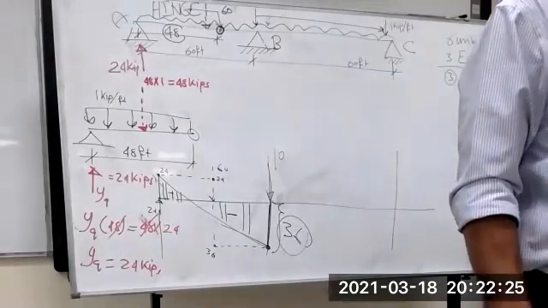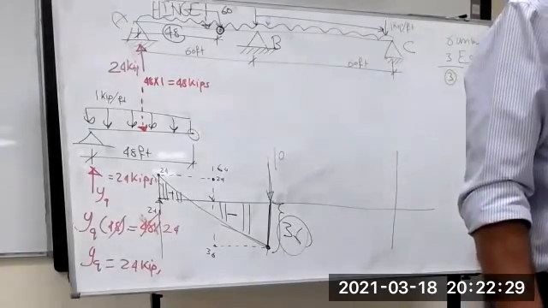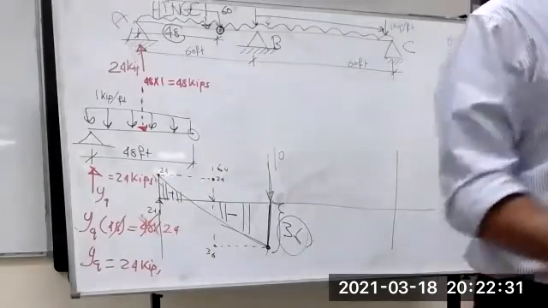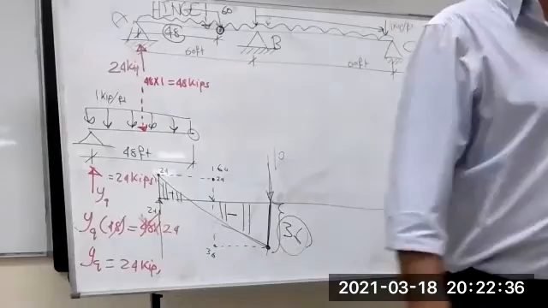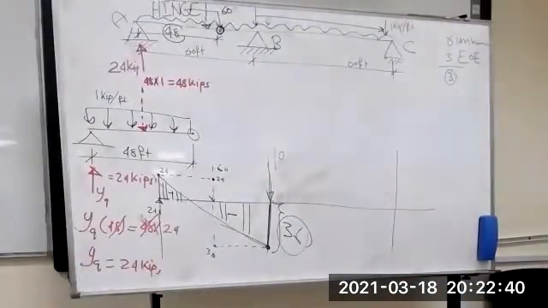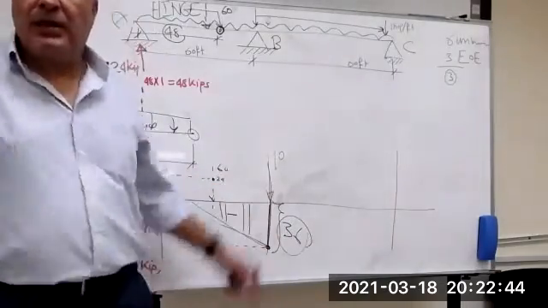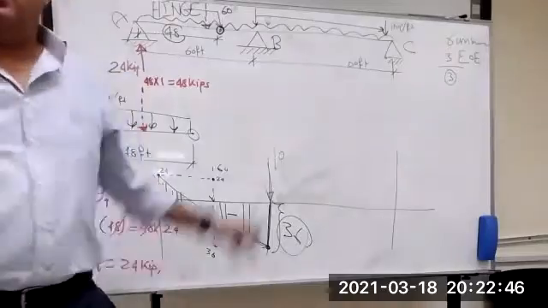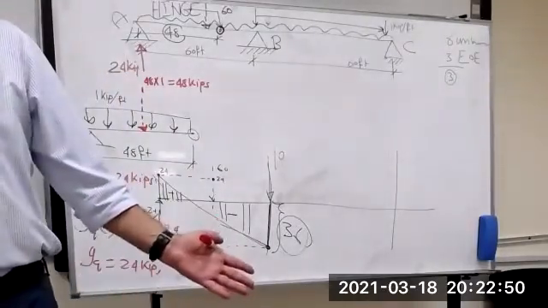Guys, the answer is 36. Did you understand it? Even if you don't, the answer is 36. This is the maximum shear. What is the reference now? The 10 is telling you down. Did I have any difference?